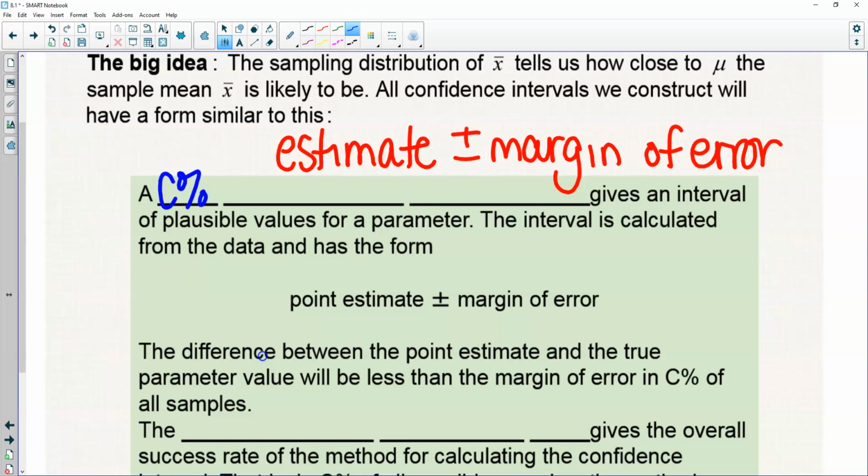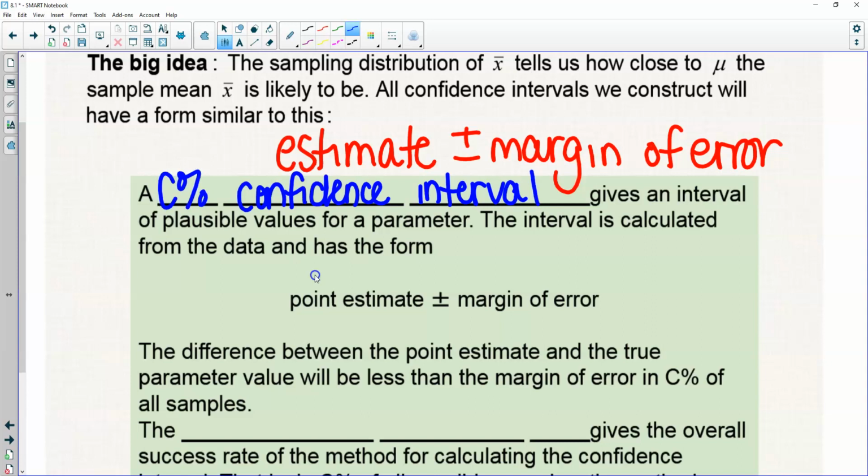A C% confidence interval gives an interval of plausible values for a parameter. The interval is calculated by taking the point estimate and adding and subtracting that margin of error, which is the same thing I wrote up there in red. The difference between the point estimate and the true parameter value will be less than the margin of error in C% of all samples.